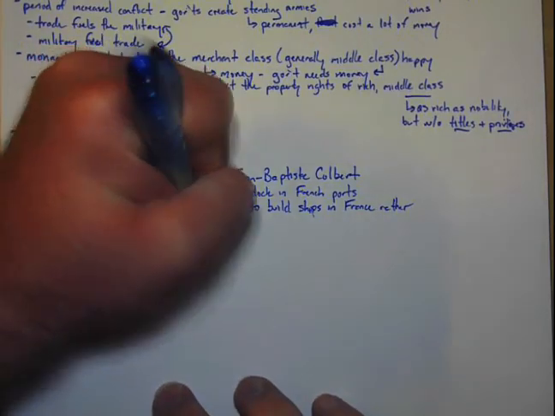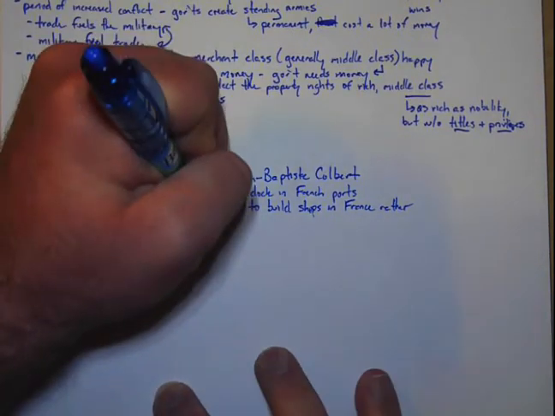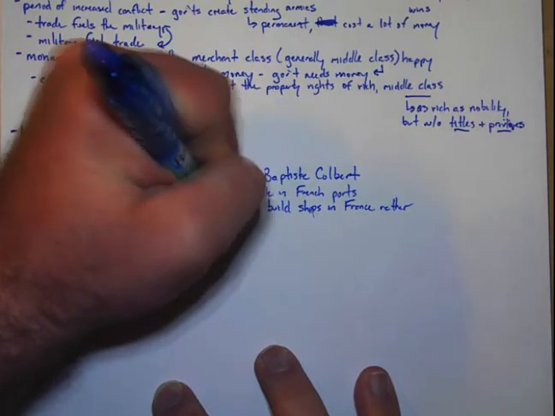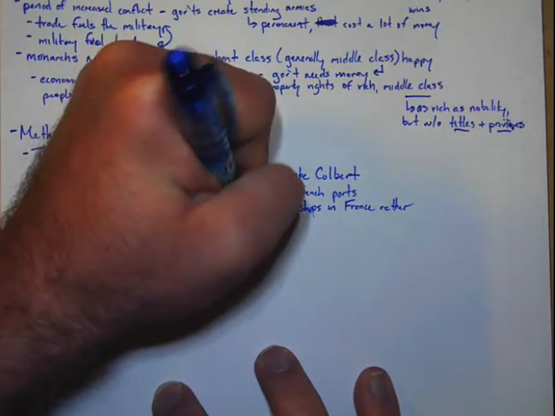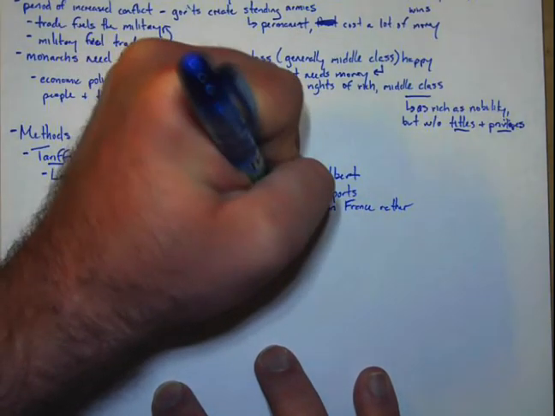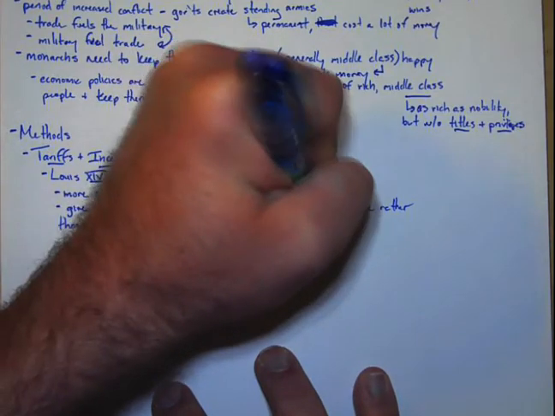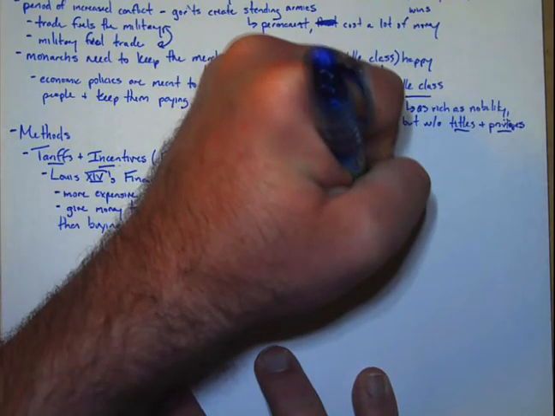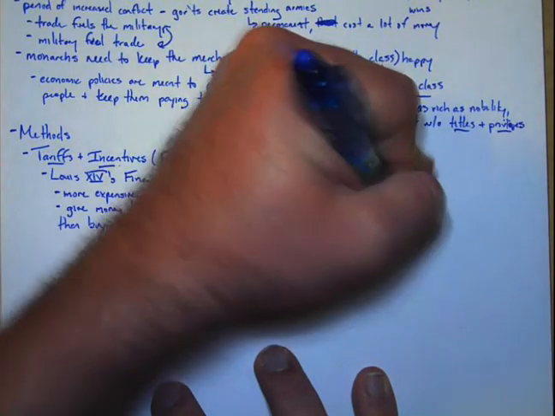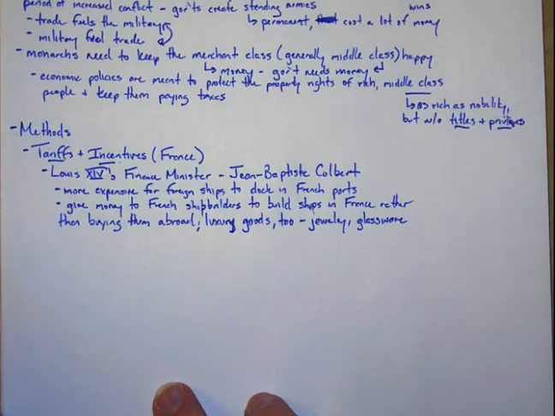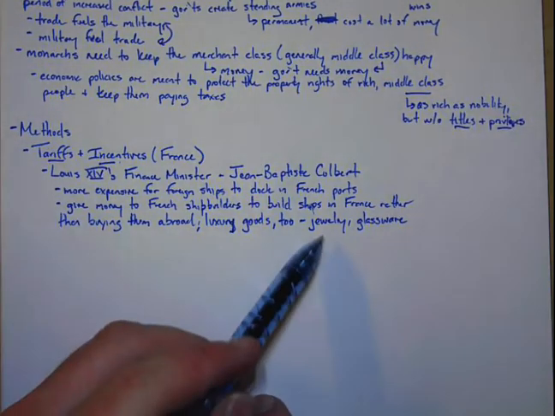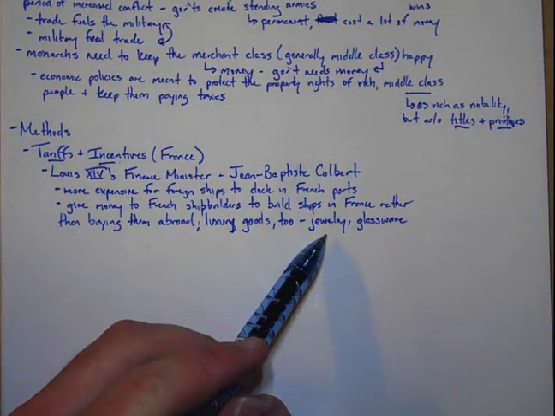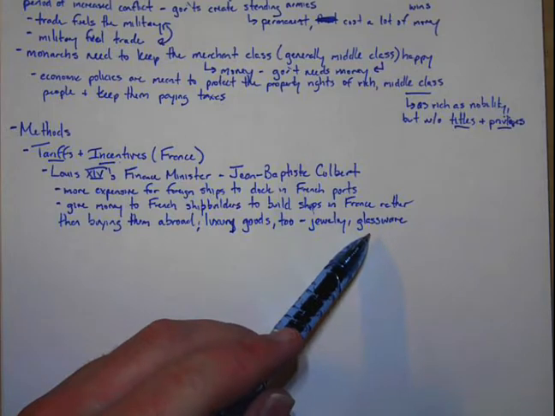Same thing for luxury goods. Like jewelry or glassware. So it used to be that the French would buy jewelry from other countries, or they would buy glassware from other countries.